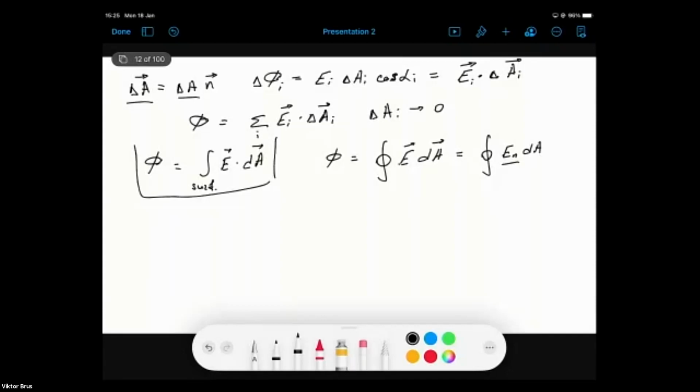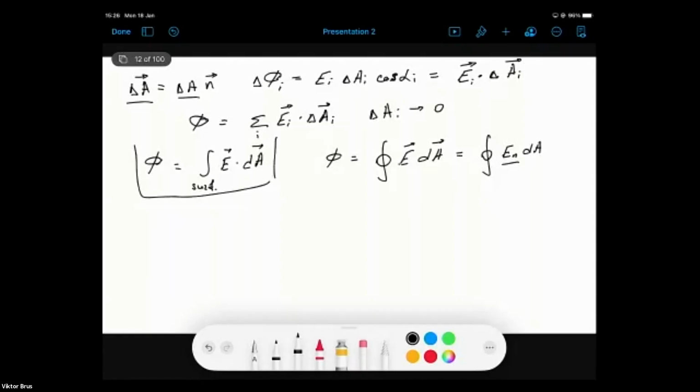As I mentioned before, Gauss law defines the relationship between the electric field flux through the closed surface and the electric charge which is enclosed in this surface. This relation is very important and can be very useful in calculating electric fields of some continuum of electric charges. That we will do a little bit later.